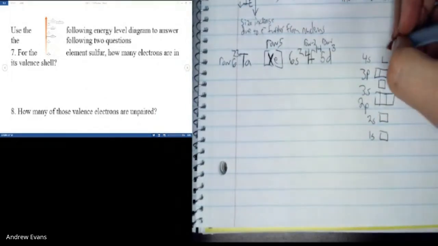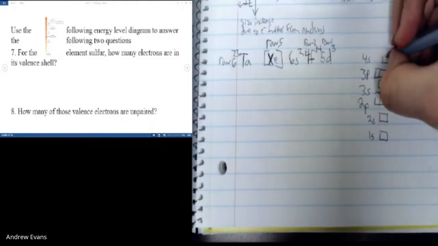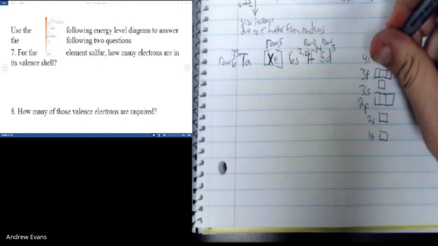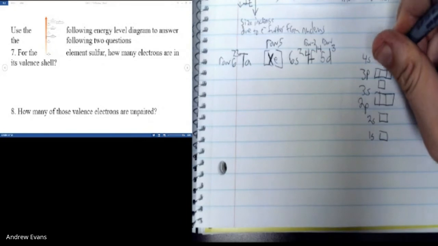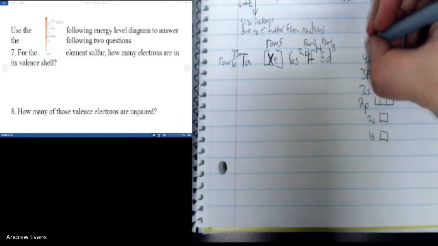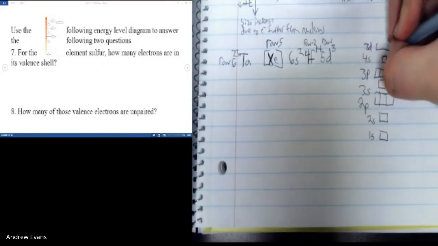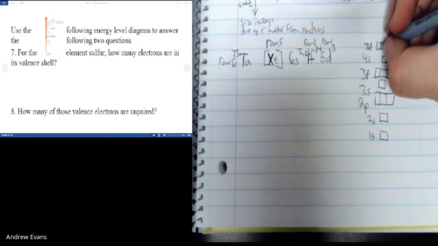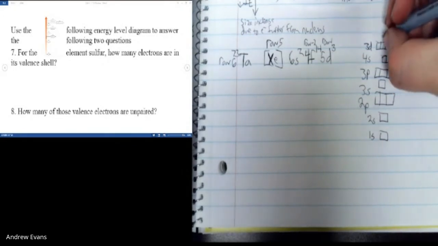Let's see. I'm losing my pen again. 3D, 1, 2, 3, and then 4p.